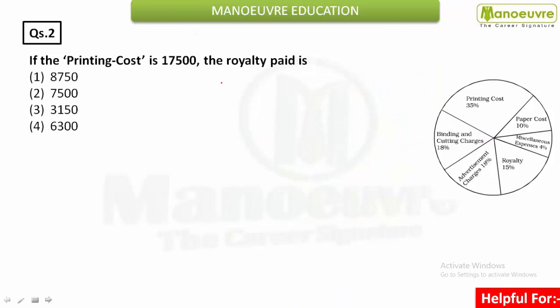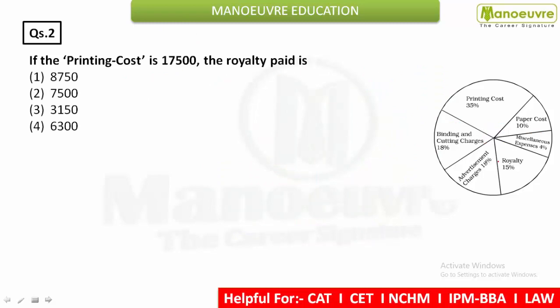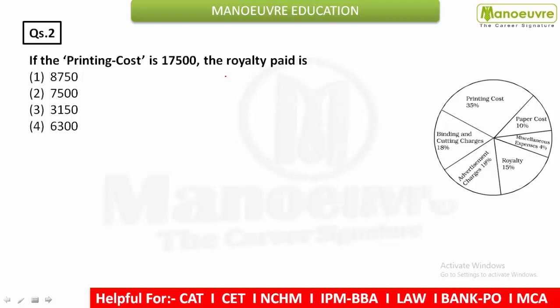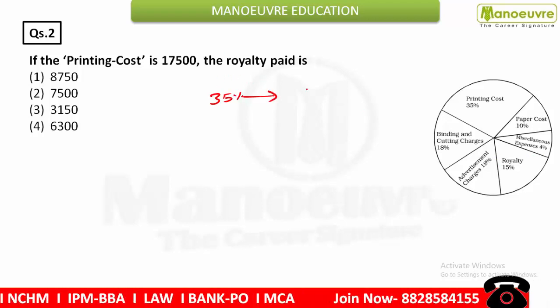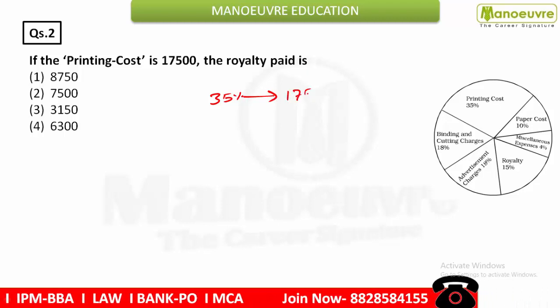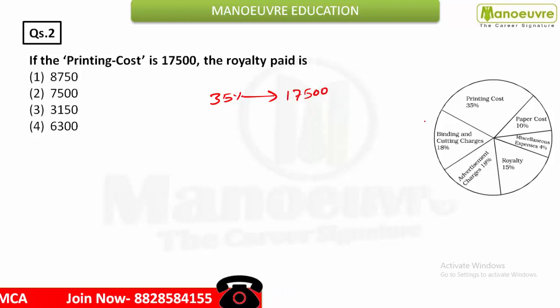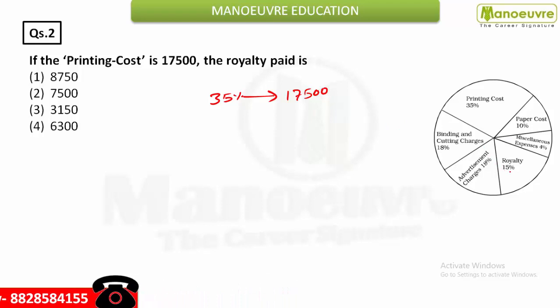If the printing cost is 17500, the royalty paid is... So I can say the printing cost is 35%. So here this 35% corresponds to 17500, and what you are asked is the royalty paid. Royalty paid is 15%.